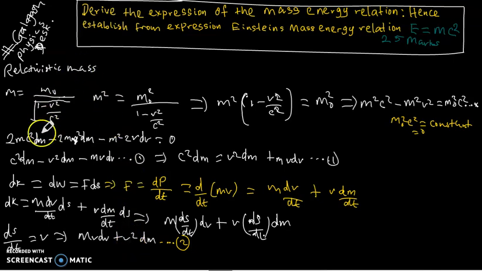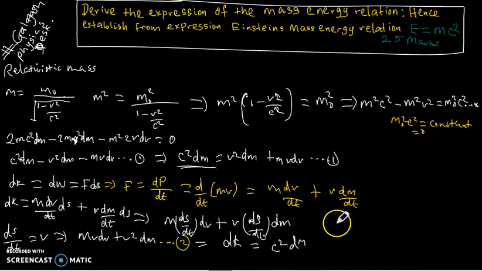It is equal to this expression, mv dv plus v squared dm, so that our dk therefore is nothing but c squared dm, like we have here in equation 1. So now we need to integrate this.